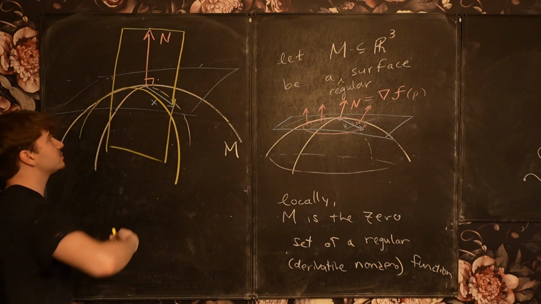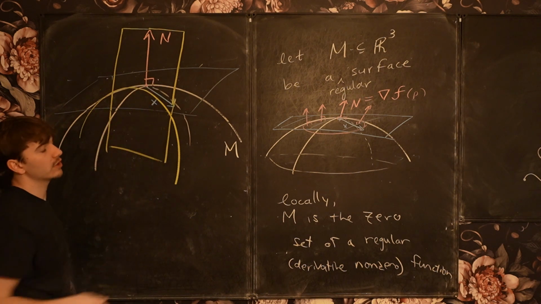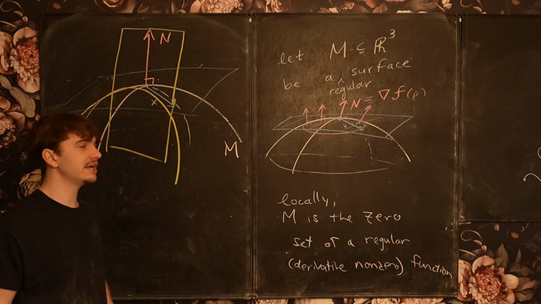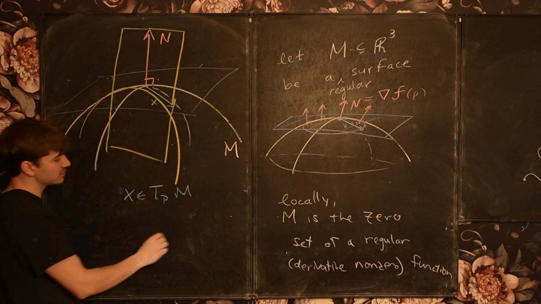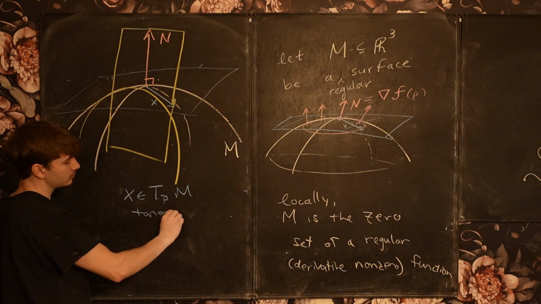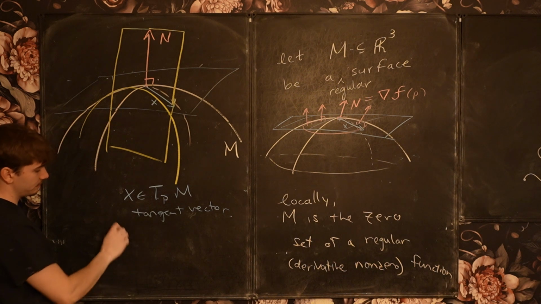So I'm slicing the surface along the plane spanned by x and n, where x is just an arbitrary vector in the tangent space, and n is the normal vector.